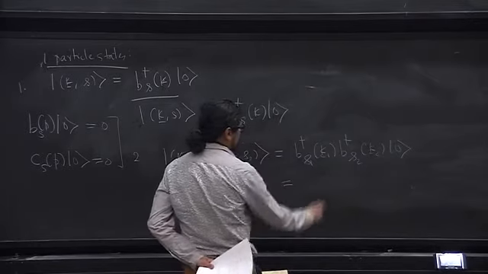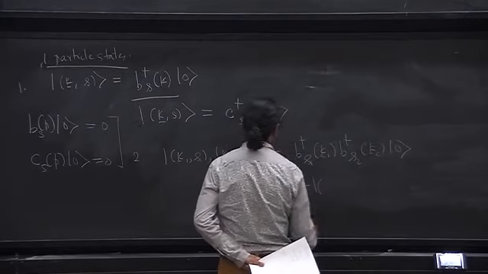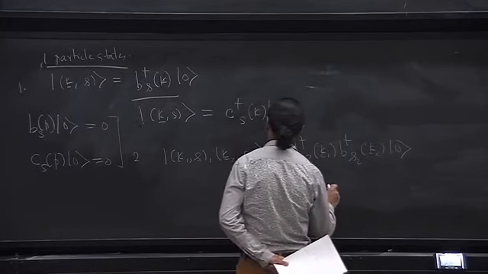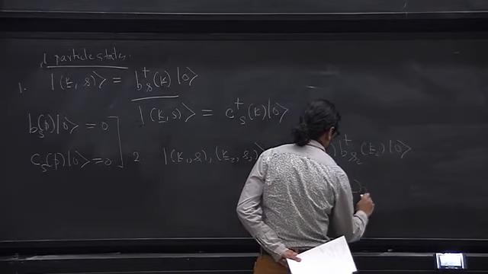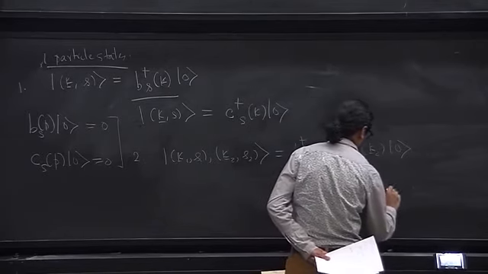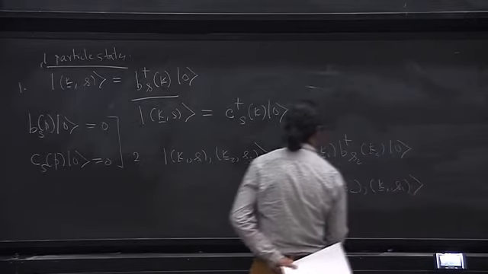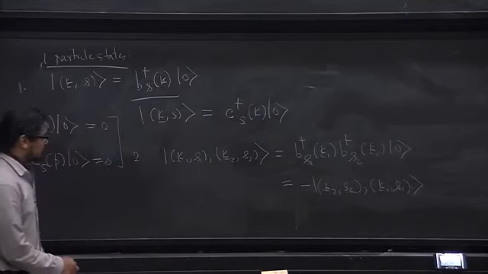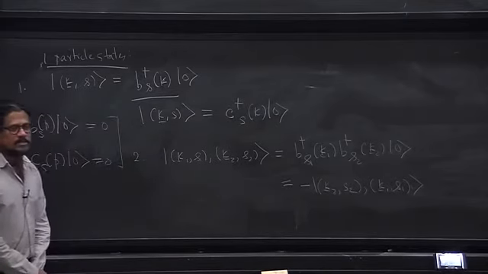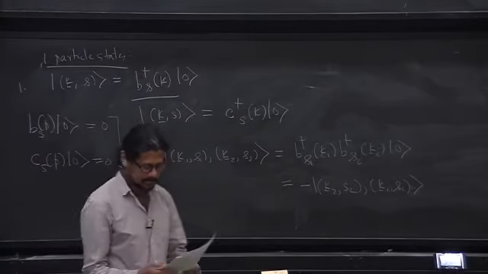So by using the anti-commutation relationship, we can create the state where the labels of the particles are interchanged. But there's a minus sign coming from the anti-commutation relationship. And therefore, we see that indeed Fermi statistics is implemented in our quantum theory.